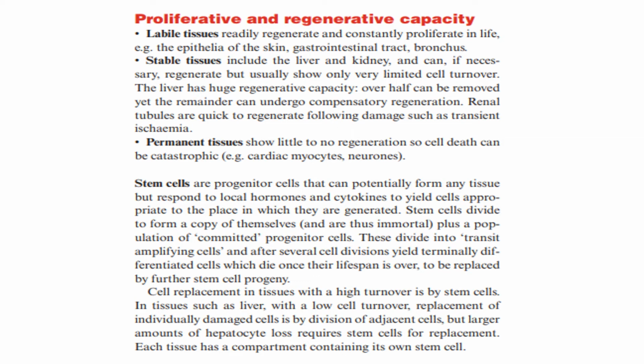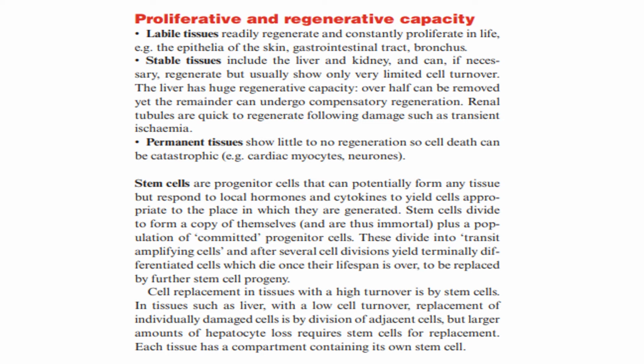regenerate. Stem cells are the progenitor cells that can potentially form any tissue, but they cannot respond to local hormones or cytokines. They divide to form a copy of themselves plus a population of committed progenitor cells, which divide into transit-amplifying cells, and after division yield terminally differentiated cells which die once their lifespan is over.